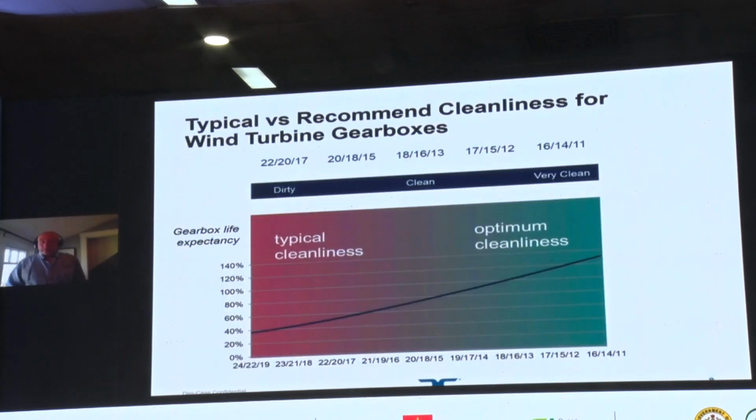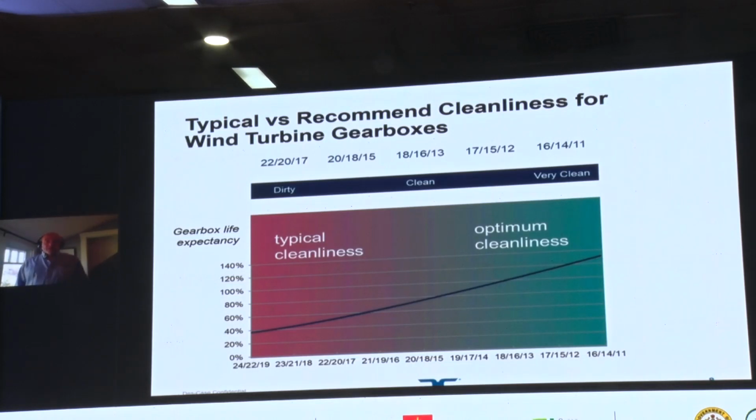Now, with wind turbines, of course, gearbox OEMs have known this for a long time and have established typical cleanliness levels. Now, most of the time when I look at oil samples from wind turbine gearboxes, most of the samples I see tend to be in the 20/18/15 to 18/16/13 range.